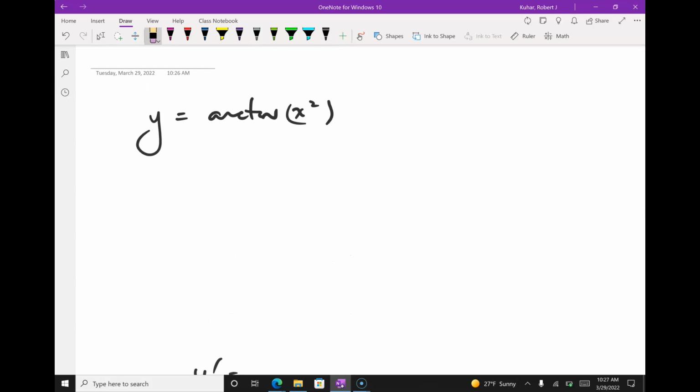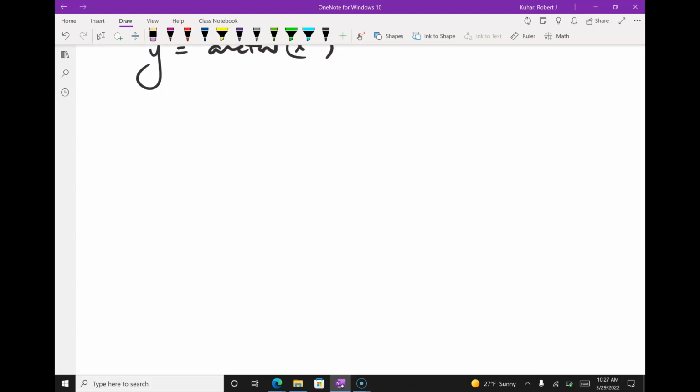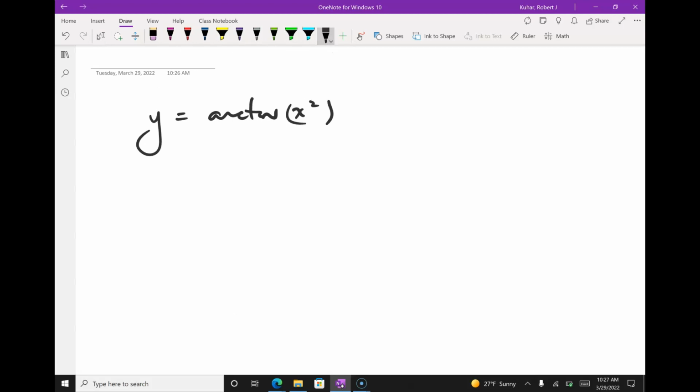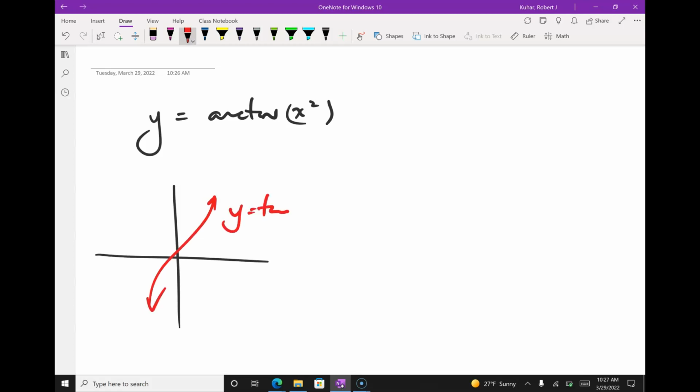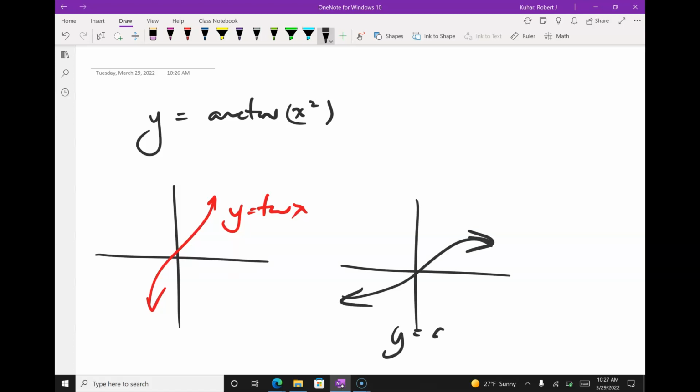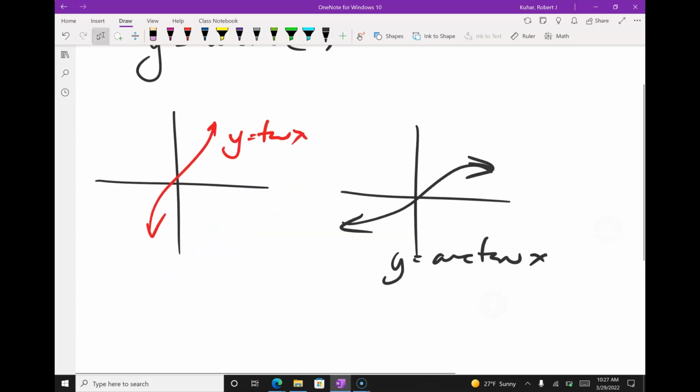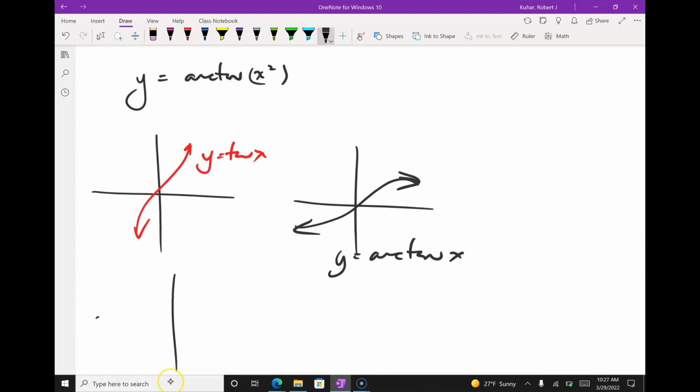All right, do we know what this thing looks like? Well, if you know what tangent looks like, right? This is y equals tangent. You should then know what arctan looks like. And then when I square x in there, what's going to happen?